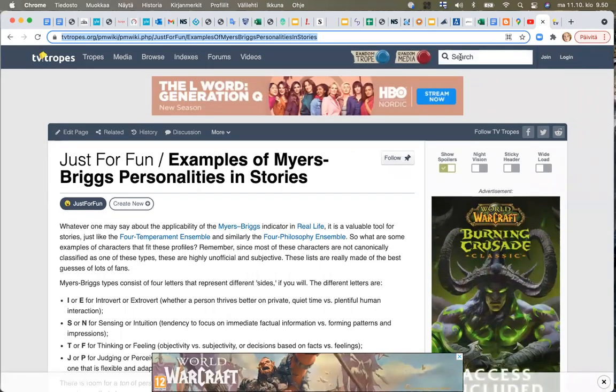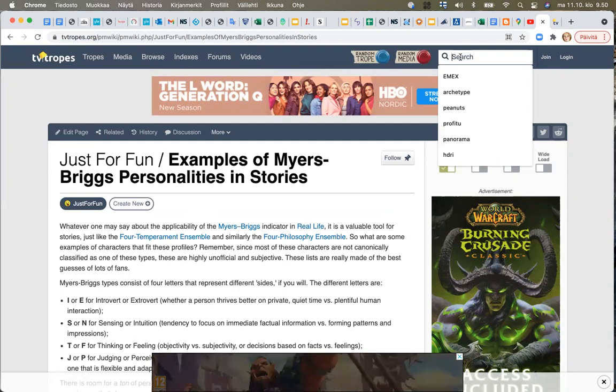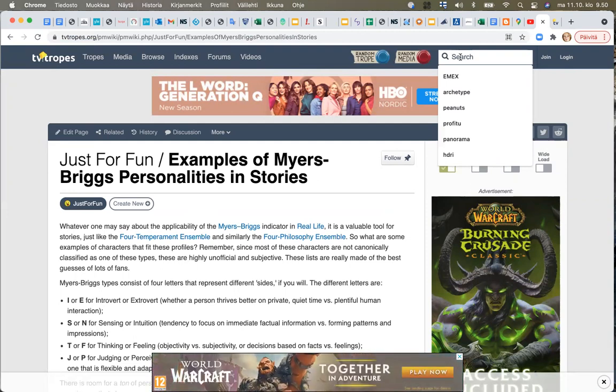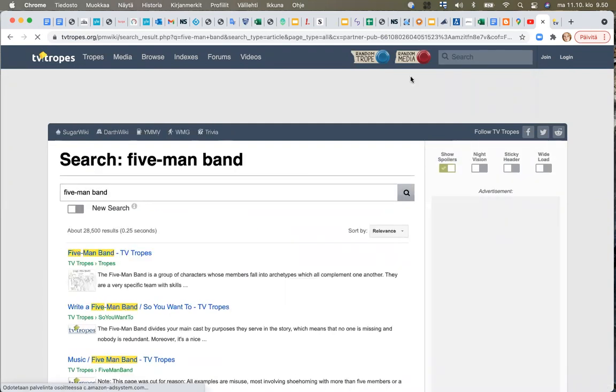This is quite a useful place to look for these kinds of things, but you can also get too involved in these, and then it can also inhibit your own creativity if you think too much about these. I think it's 5-man band in TV tropes. Yes, the 5-man band.